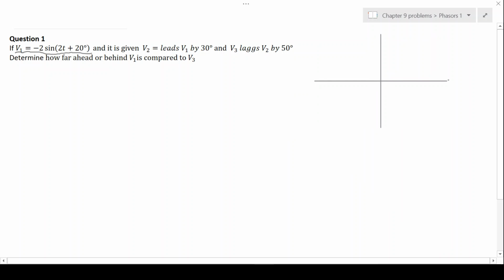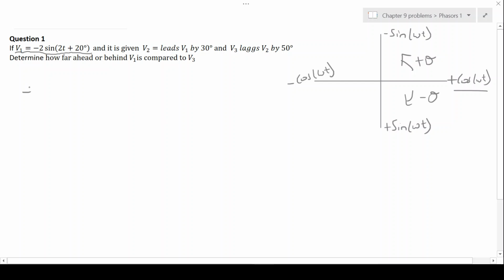So you would have positive cos omega t, negative cos omega t. You would have negative sine of omega t, and yes, this is the negative, and that will be positive sine of omega t. If we go up, it's plus theta. If we go down, it's minus theta. So we want to get this in terms of the positive cos.